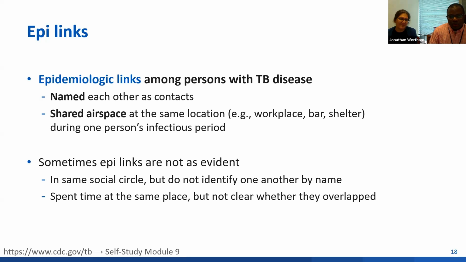You're probably thinking this is a lot of work for our health department. It can be really challenging to do, and we've got a lot of other things to do.